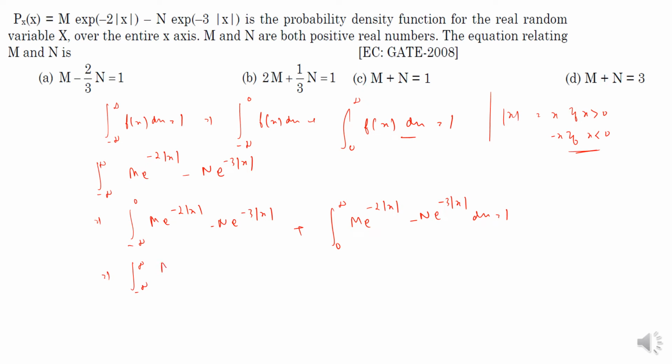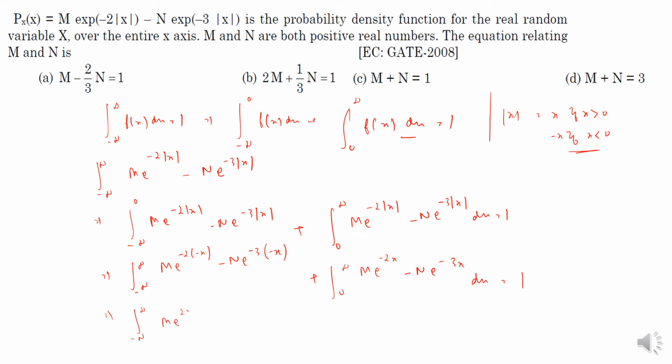So we can write m e power minus 2 into minus x, minus n e power minus 3 into minus x, plus 0 to infinity. For 0 to infinity, x is positive, so m e power minus 2x minus n e power minus 3x dx is equal to 1.